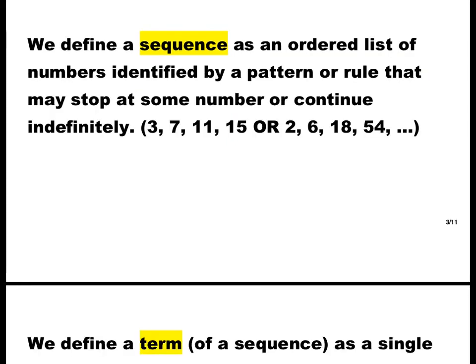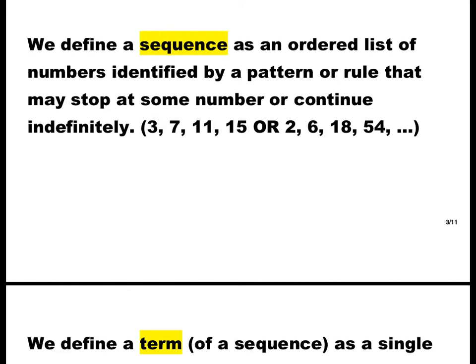Now we define a sequence as an ordered list of numbers identified by a pattern or a rule that may stop at some number or continue indefinitely.